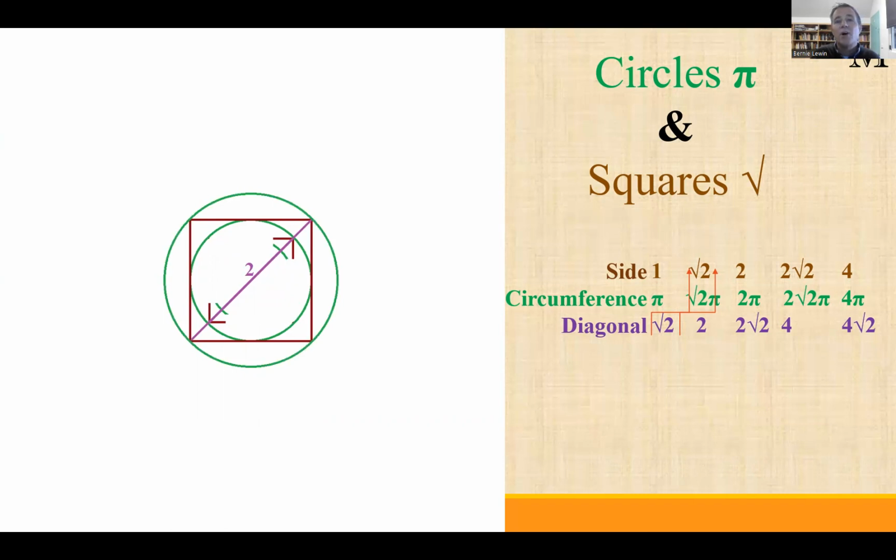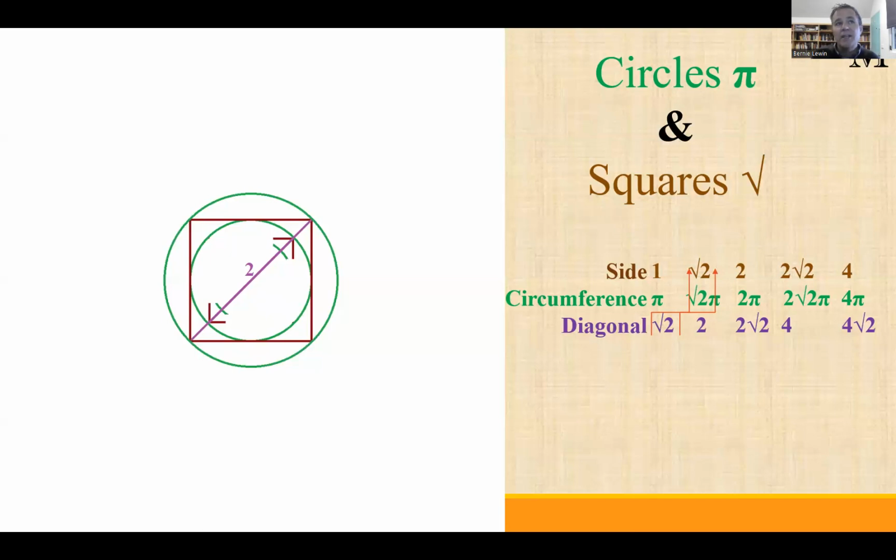And they double on the ratio with the squares using the pi. So the relationship between the squares and the circles can be determined by the ratio of pi.